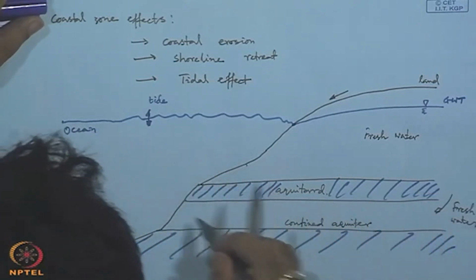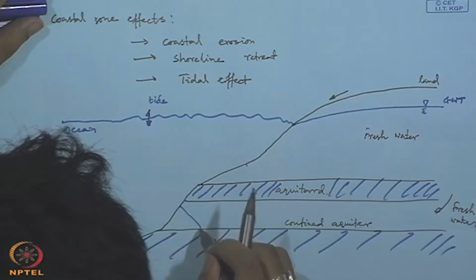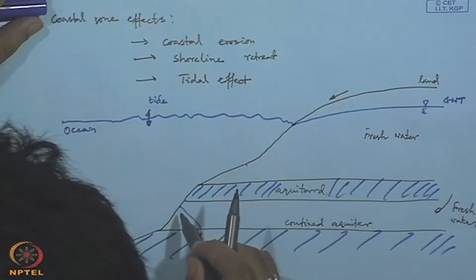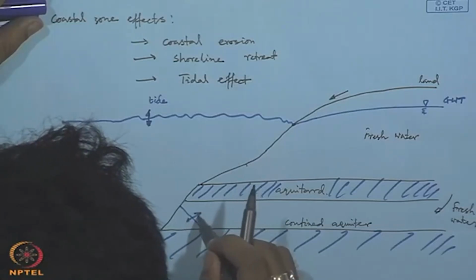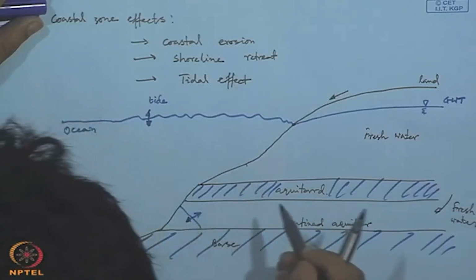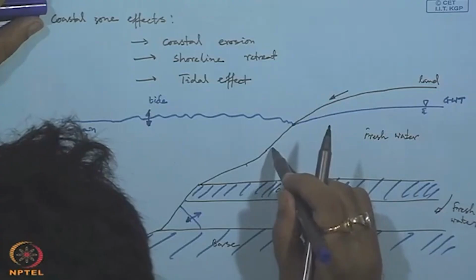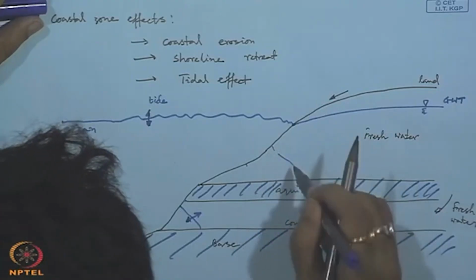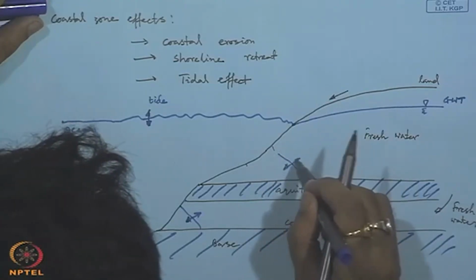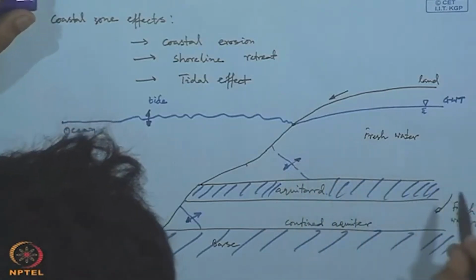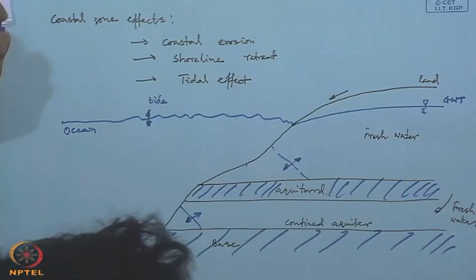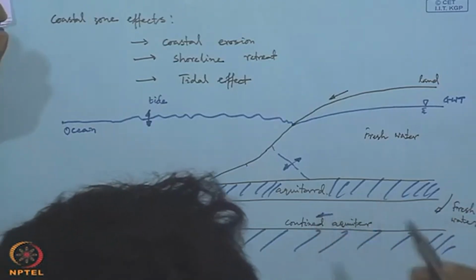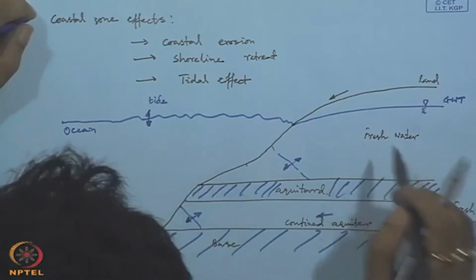So, there will be intrusion of brackish water and there will be interaction between fresh water and this brackish water. And flow is generally towards the sea.